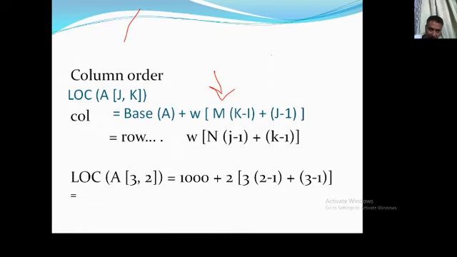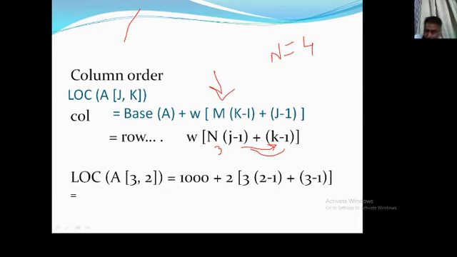You can take n as, suppose, 4, or take n as 3 only, no problem. It will be the same thing, 3 times (j minus 1) plus (k minus 1). You just have to fit this in: this comes here and this goes there. This is how we do the calculation.